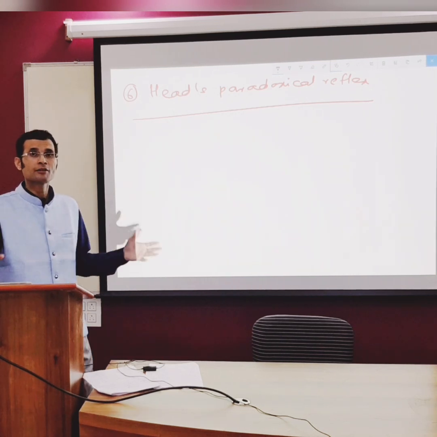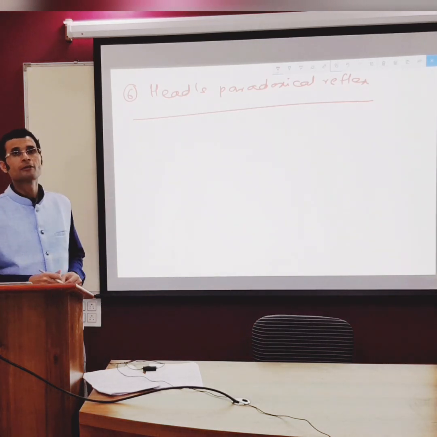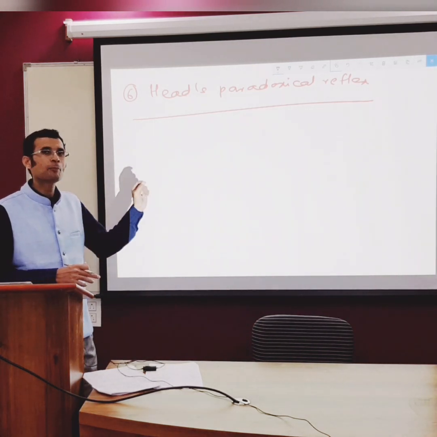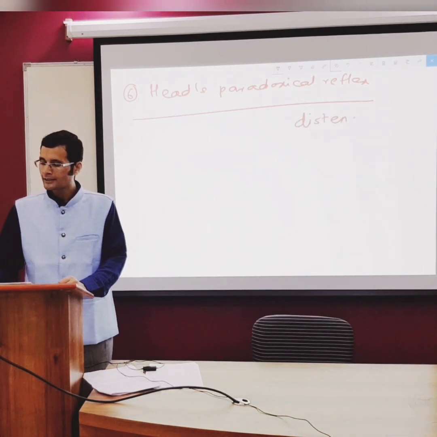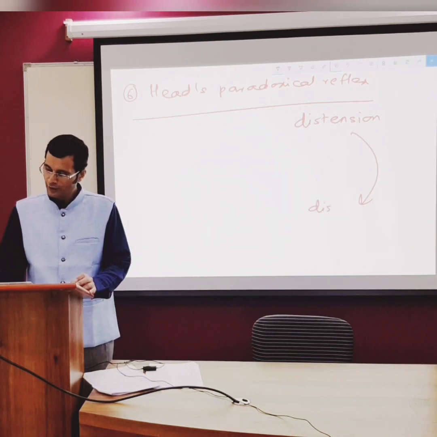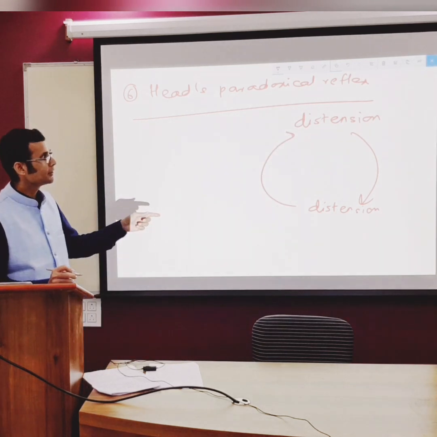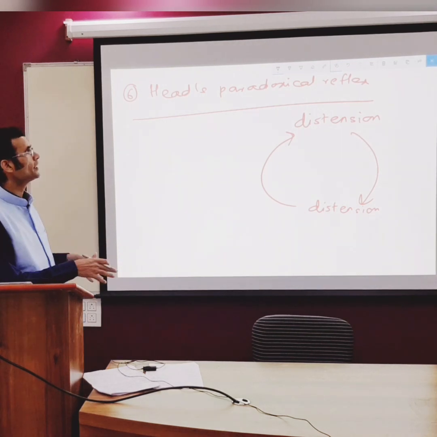The Hering-Breuer reflex is a classic negative feedback. But there is also Head's paradoxical reflex. What does it exhibit? Distension of the lungs leads to more distension. That will lead to further distension, and more and more distension of the lungs.